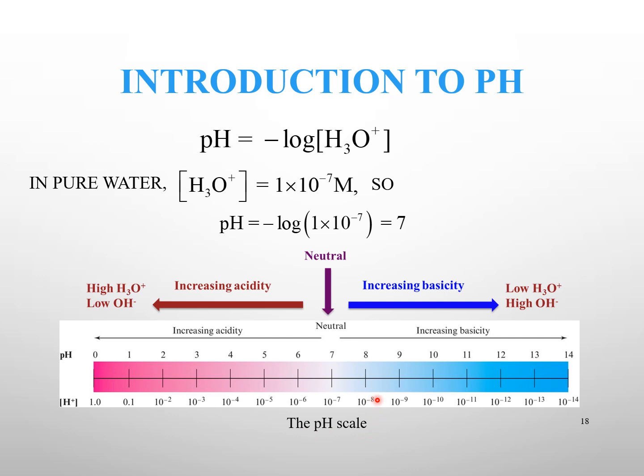On the other hand, for a base, there's less and less, 10 times each time, of hydrogen ion or hydronium ion. And that will give you a higher pH, and it's going to be more basic. At higher pH values, you'll have low hydronium ion and high hydroxide ion. At really acidic pH, which is low pH, you have a lot of hydronium ion and very little hydroxide ion.